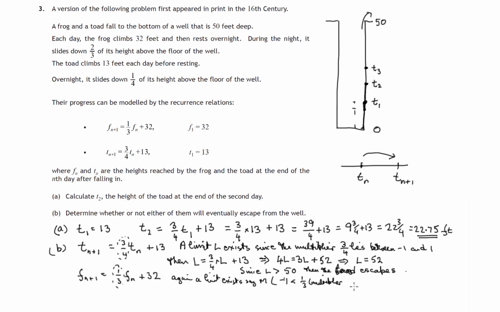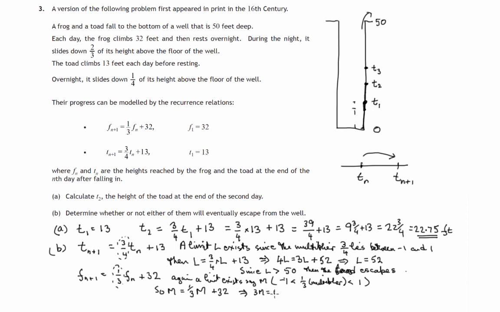It's 1/3 this time, and it lies between -1 and 1. So let's do the similar type of calculation. If we've reached the limit, then in this case, 1/3 of that value plus the 32 will get exactly the same value. So this time let's multiply by 3 both sides.